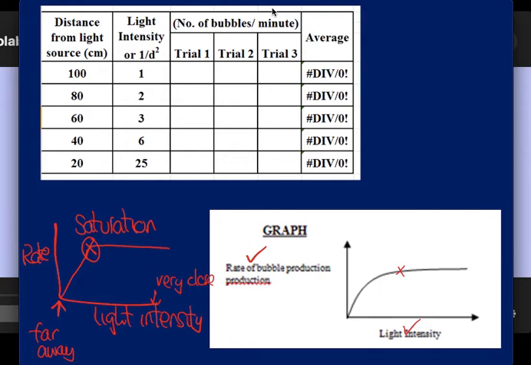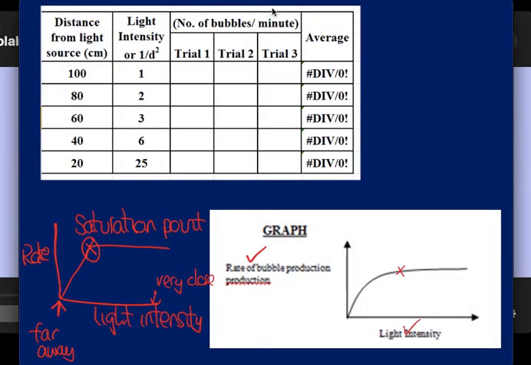When we're talking about this experiment, the plant is light saturated. It doesn't matter how much closer you put the lamp to it, the rate of photosynthesis will stay the same. So at this point, your electron acceptors are working at their maximum, and nothing you can do is going to change that in terms of light intensity.